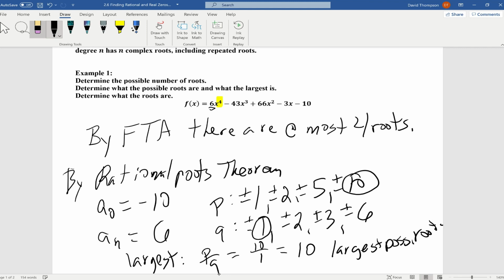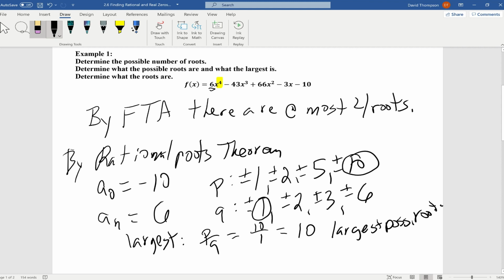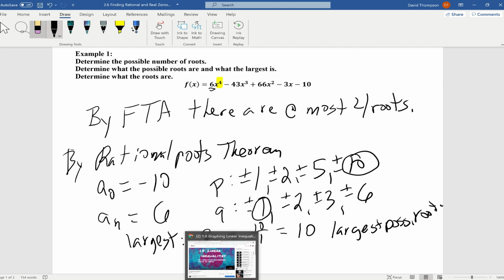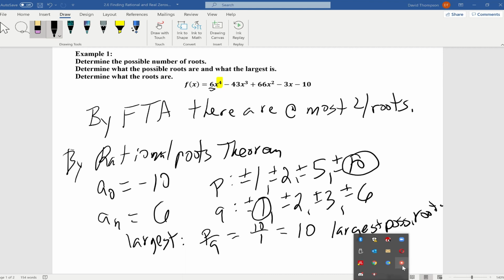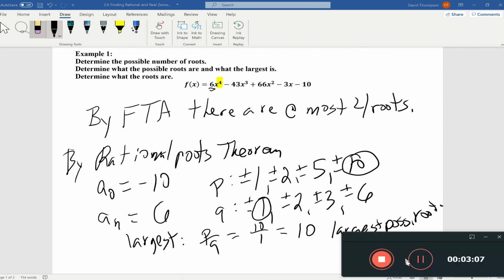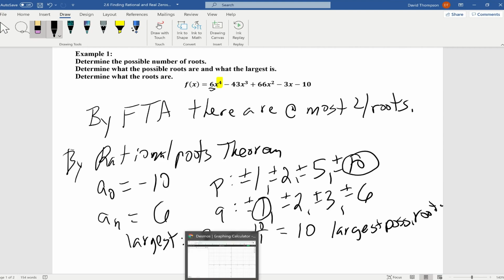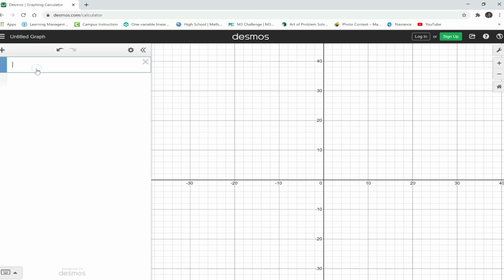And we're done. Now determine what the roots are. For this, we're going to use Desmos because it's a long drawn out process. So in Desmos, we're going to type in our polynomial.